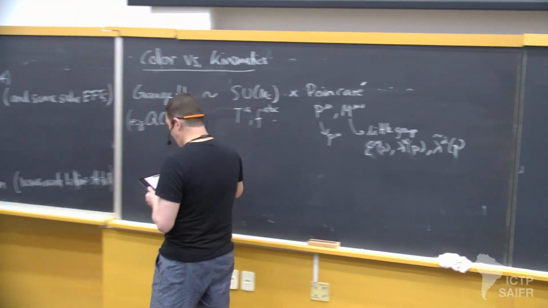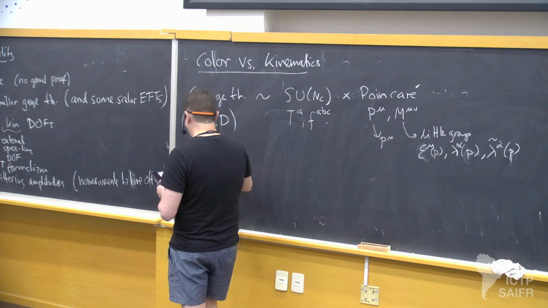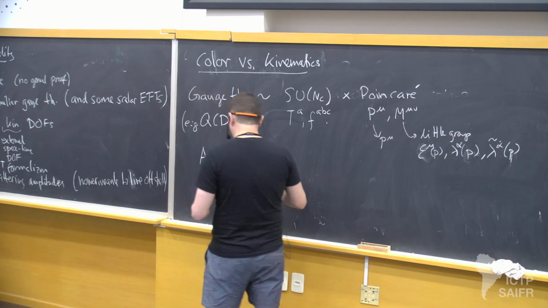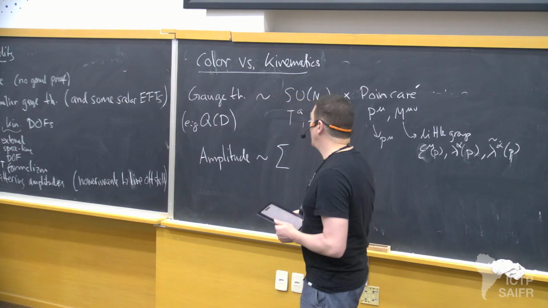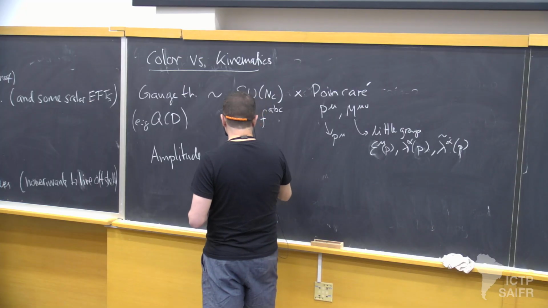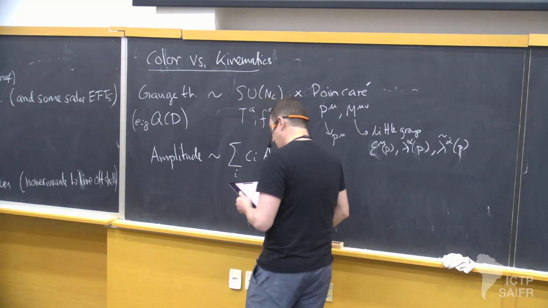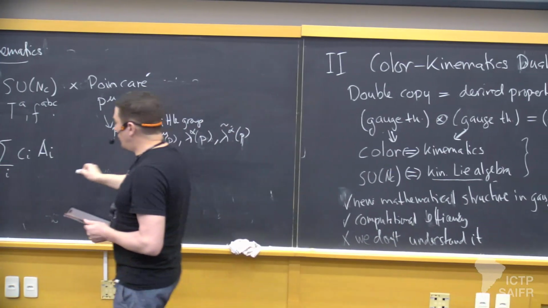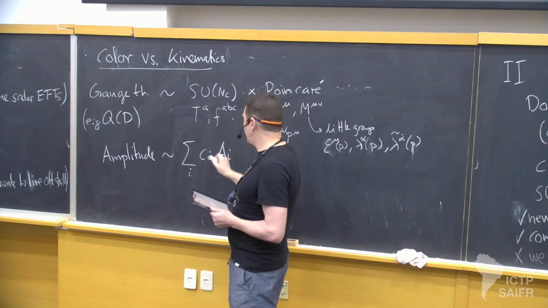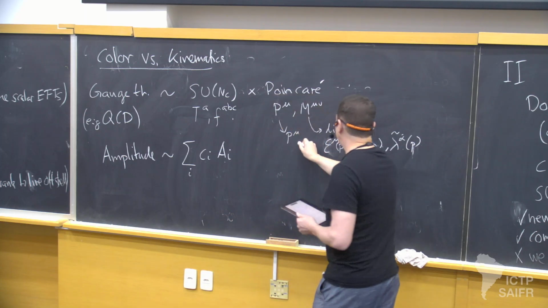Okay, so having talked about the building blocks, we can now schematically think about the amplitude as being some kind of sum over ingredients which have both color and kinematic factors. I'm just going to denote it like this, and I will be more precise later on. You have a sum over terms. These terms have a color factor built out of these ingredients, and what we typically call a partial amplitude.